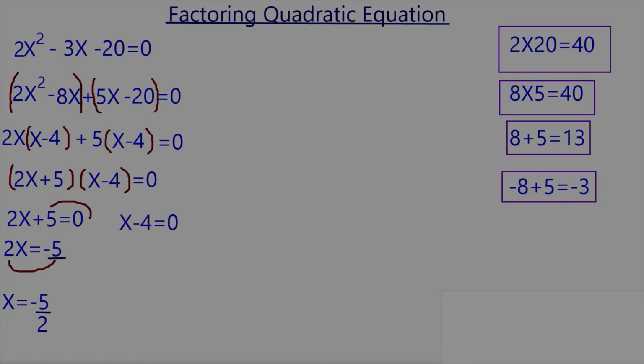We can leave our answer in fraction. For the second equation on the right-hand side, we move over the negative 4 from x behind the equal sign, and the 4 becomes positive. So for this quadratic equation, we would get a value of x equal to -5/2, and x equal to +4.